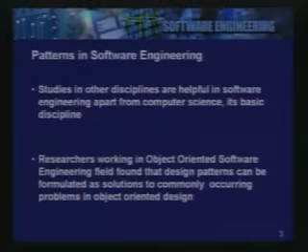If you look at temple architectures, there are patterns. There are different kinds of architectures. So there are patterns belonging to every kind of architecture. So you see the patterns in real life in different disciplines, and software engineering researchers also thought that one can have these patterns in software design.